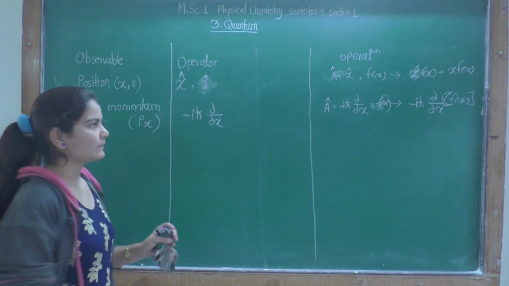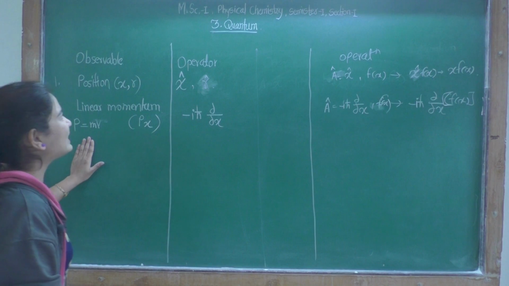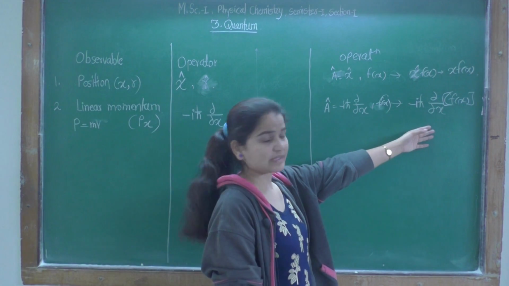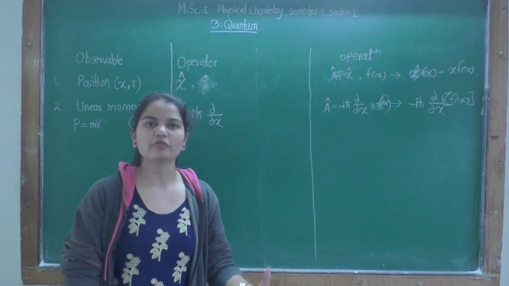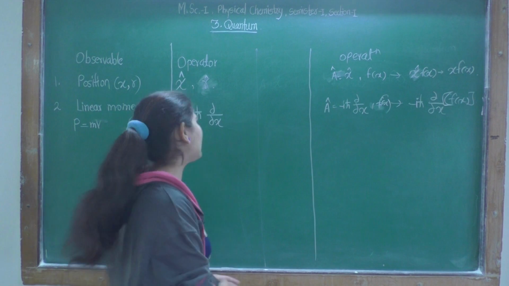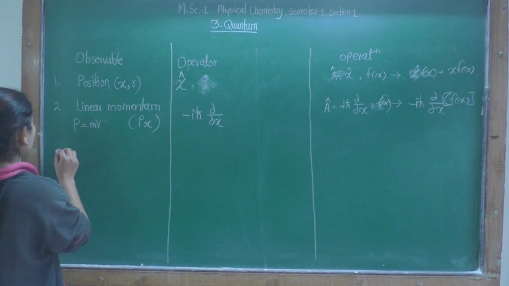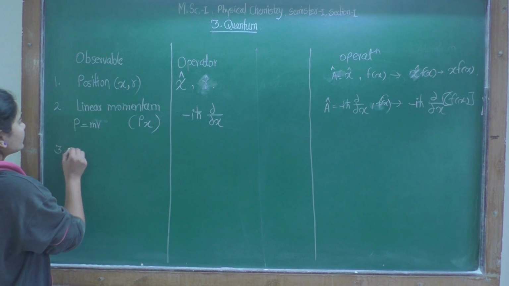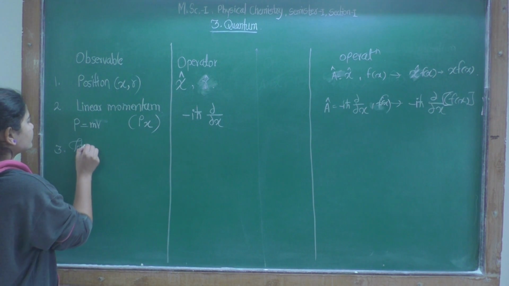If we want to operate the linear momentum operator on a function, we first take the derivative of that function and multiply it by minus i h cross. You have to remember these operators. This is very important.